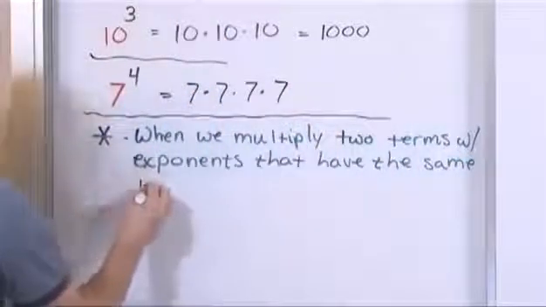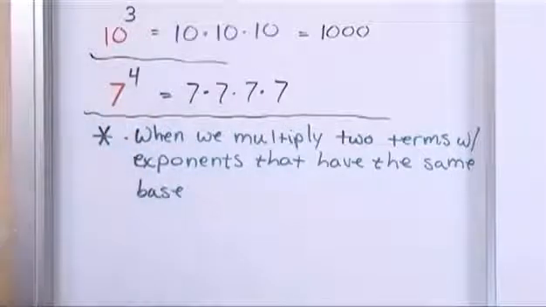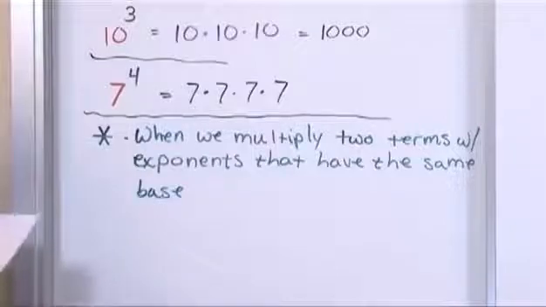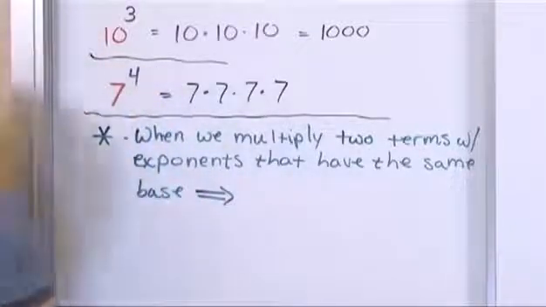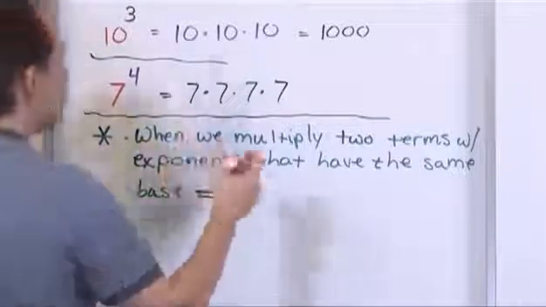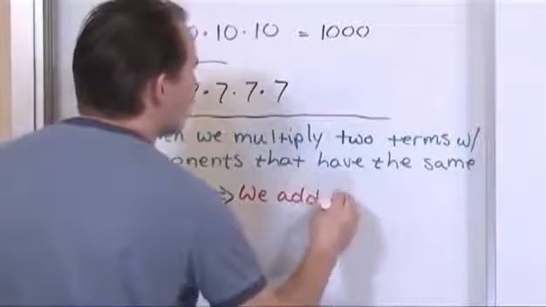That's why I introduced the terms before. So now you know the base is the bottom number here. When we multiply two terms together that have exponents and that they have the same base, then what we do in that case, I'm going to change colors to make it a little bit easier to read, we add the exponents.